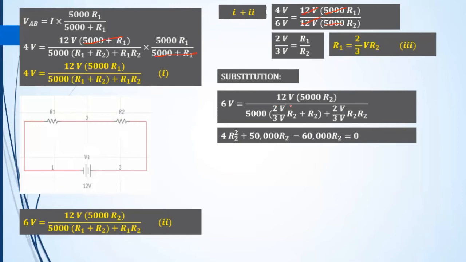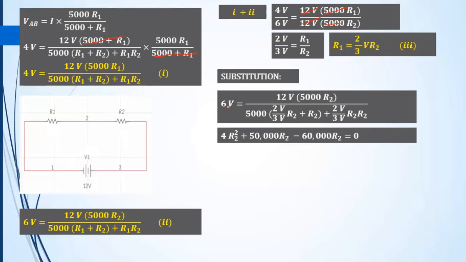So 6 volts is equal to 12 volts times 5,000 R2 all over 5,000. Since we have here the R1, we will substitute it with 2/3 times R2 plus 2/3 times R2. So cross multiply.